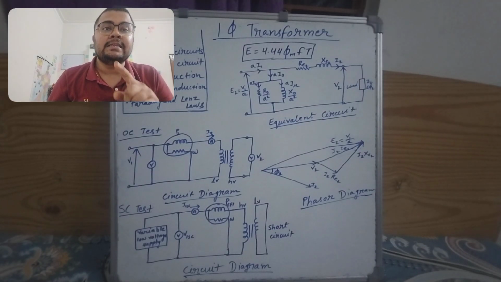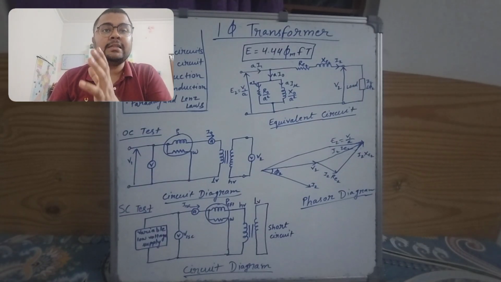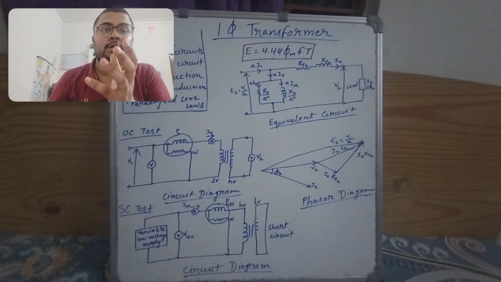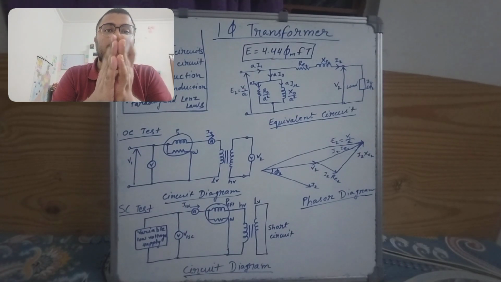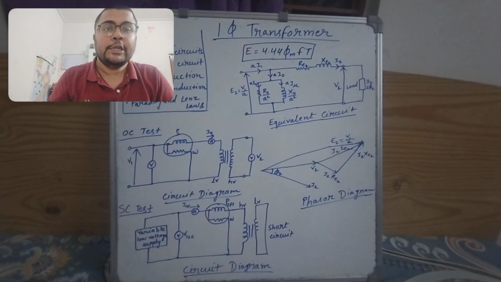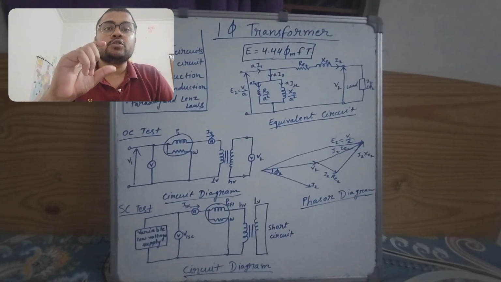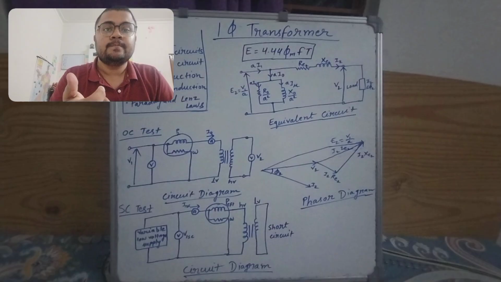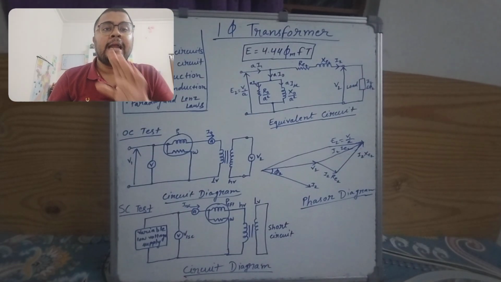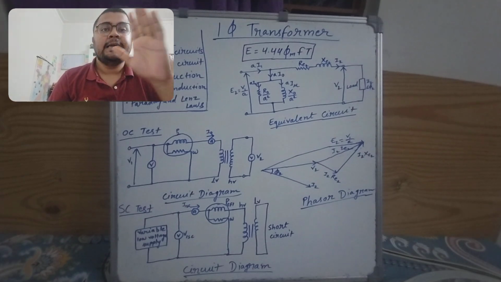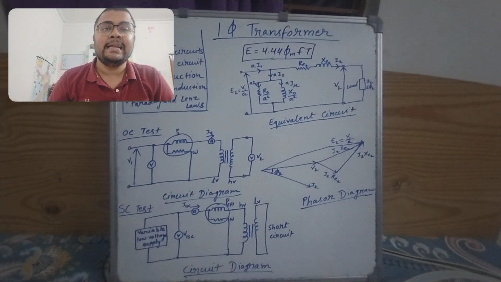There are a number of turns on the primary side. When this flux links with the turns, an EMF is induced. In the primary side, the EMF is induced due to self induction, and this same flux is linked with the secondary side as well.